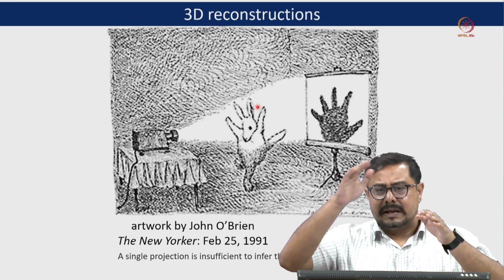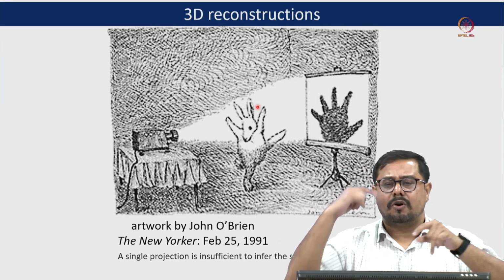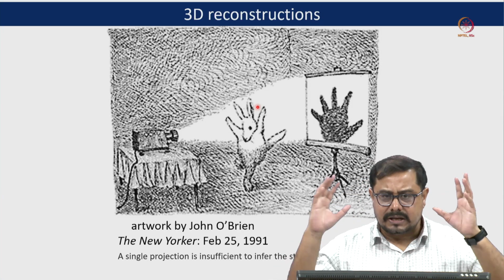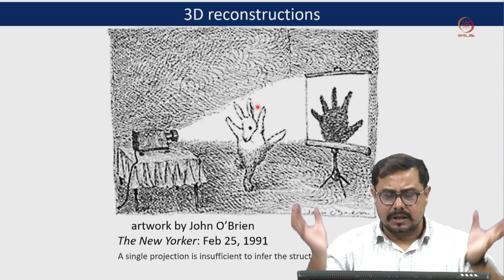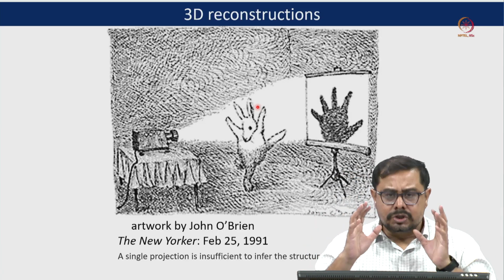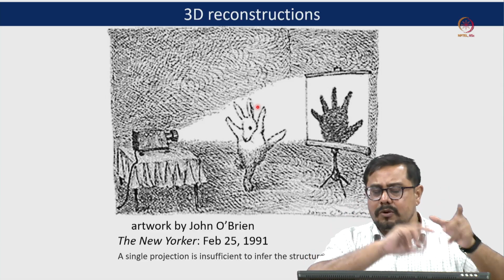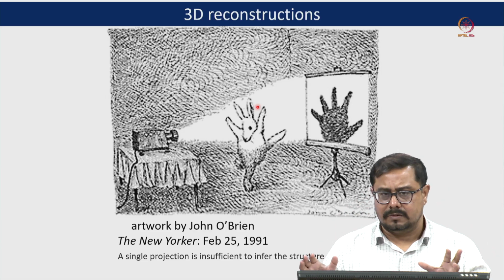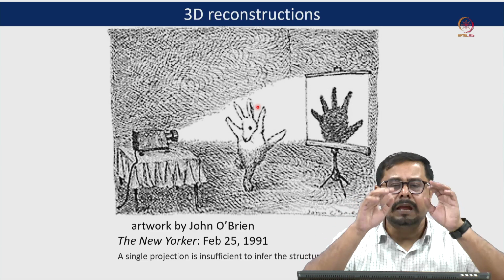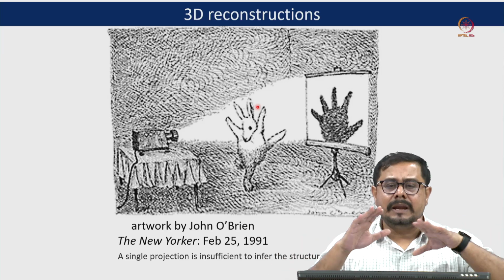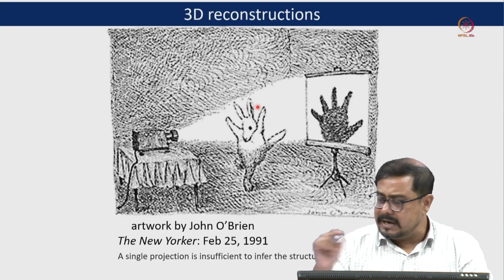Why? Because it has to satisfy all the angles and every direction, all the Euler angles. That is the reason we need different orientations of these protein molecules. If there is a very biased orientation, then probably we will not get any 3D structure.